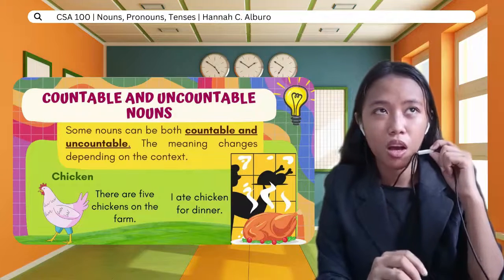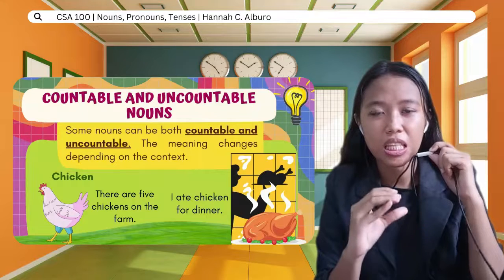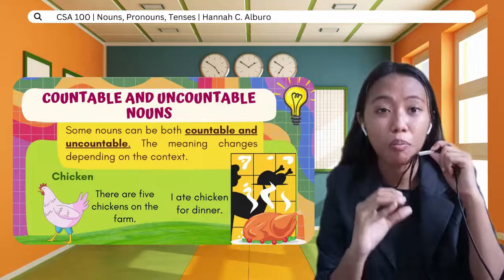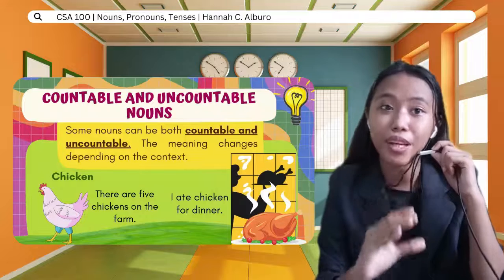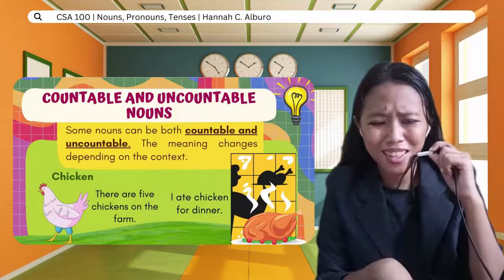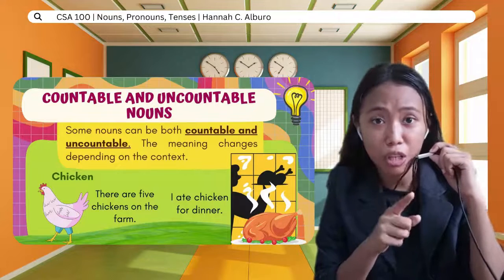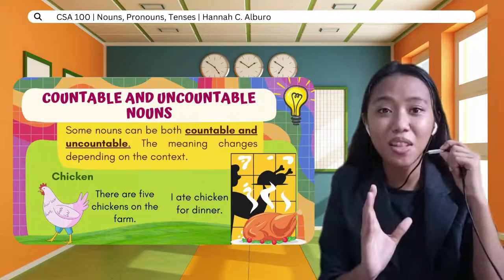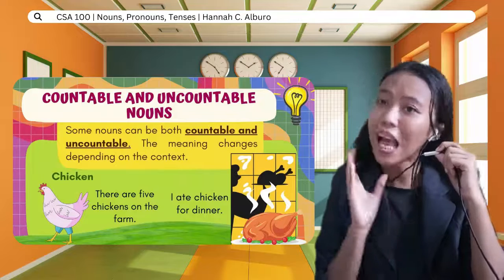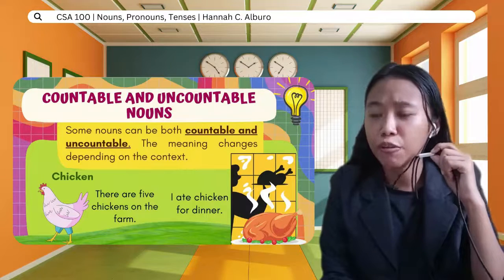So chicken is an uncountable noun because it functions over here as a food. So we cannot say I ate a chicken for dinner. Okay, if you say that to someone, let's say, "Hi Abby, I ate a chicken for dinner."